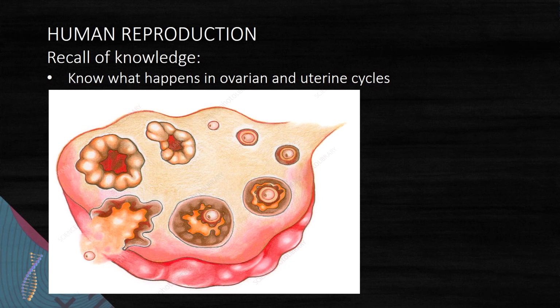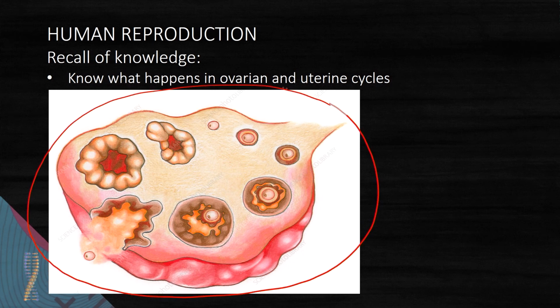So, let's start having a look at the one that gets all of you a little bit confused, and that is what happens in the ovary. Most pictures look something like this one, which is a picture just of the ovary. All of these stages would not be found in an ovary at one time, because these stages take 28 days. That's where you start.